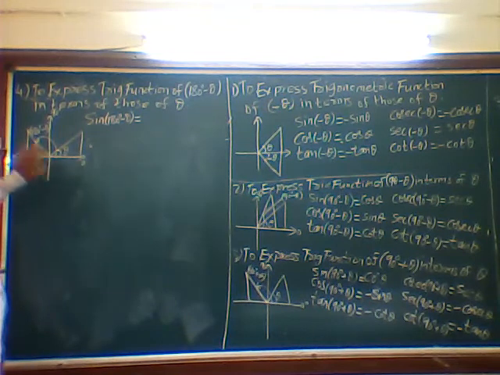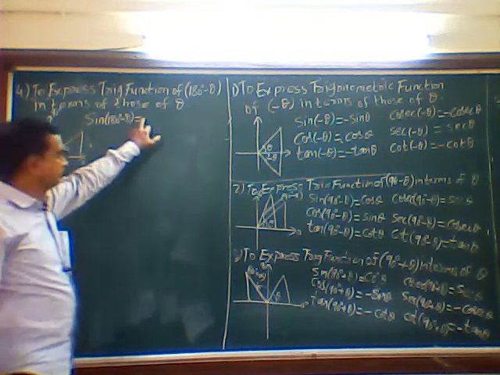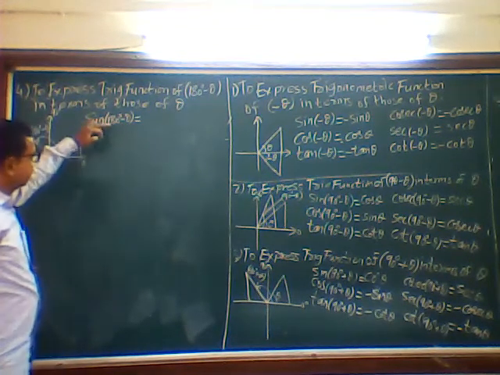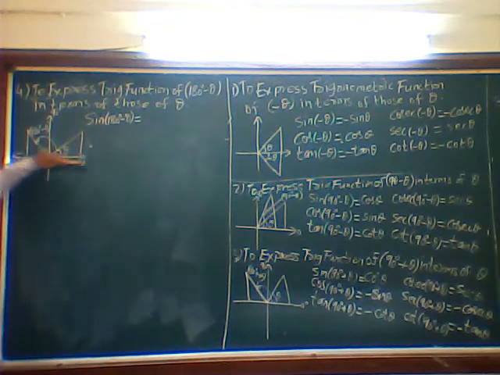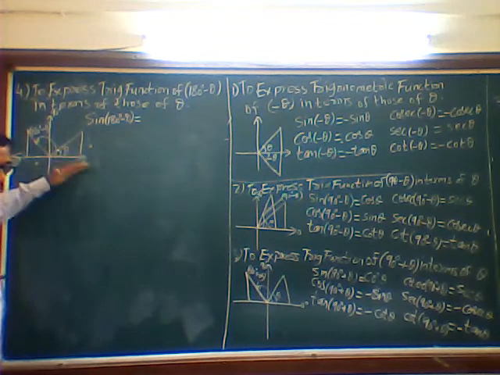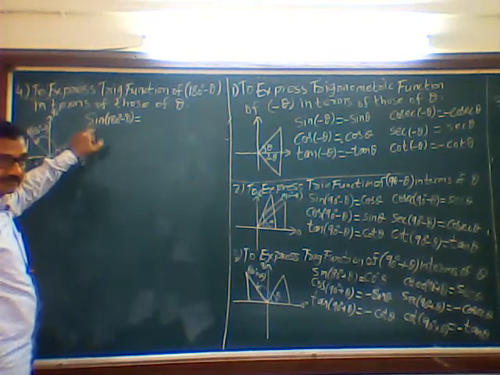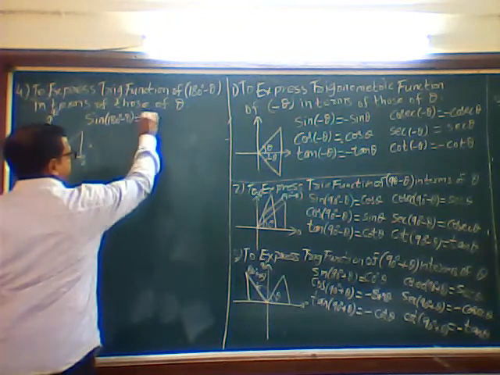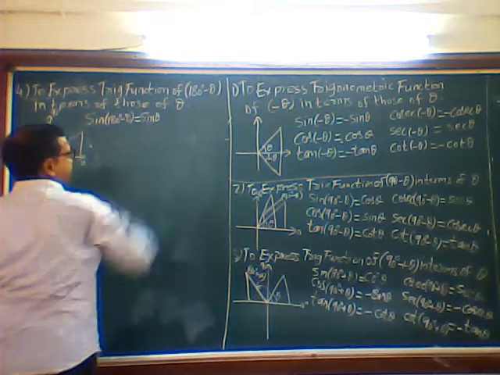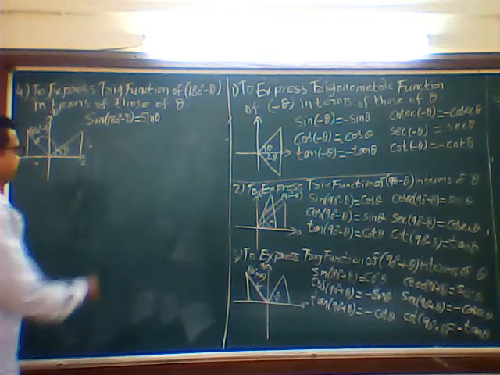First check where 180 minus theta is: it is in second quadrant. In second quadrant sine is positive, so plus. Now think about where this angle 180 is lying. It is lying on the x-axis. If it is lying on the x-axis, the ratio remains the same. The ratio is sine, and it remains the same. Sine of 180 minus theta is sine theta.